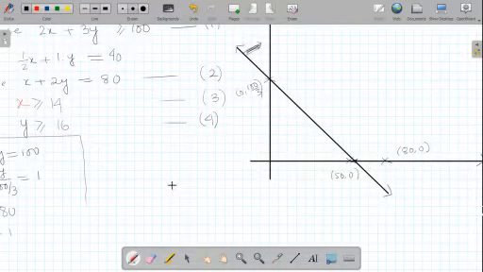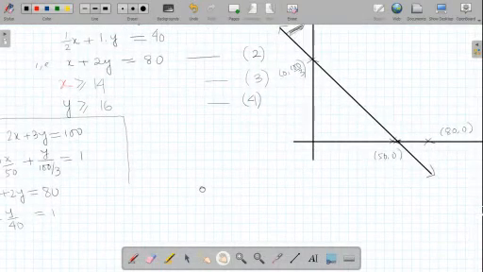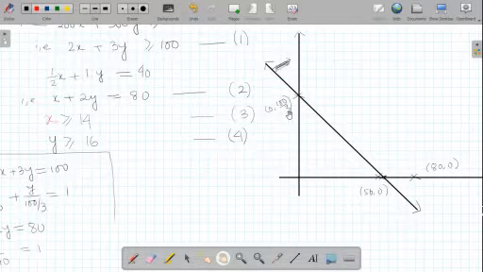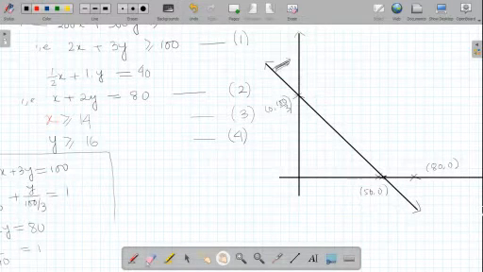And y is at 40. 40 is above the 100 by 3, that is 33. So 40 will be somewhere here.